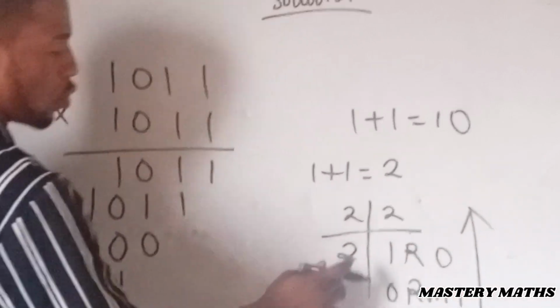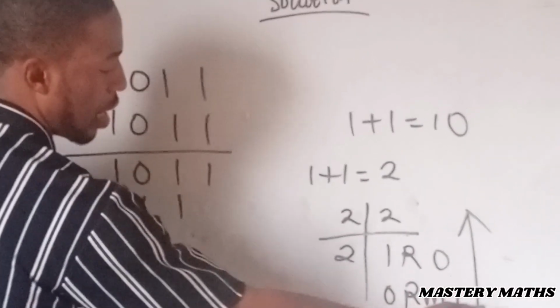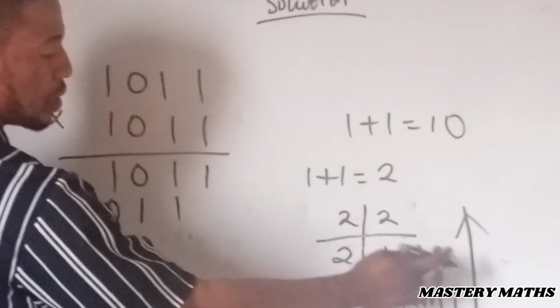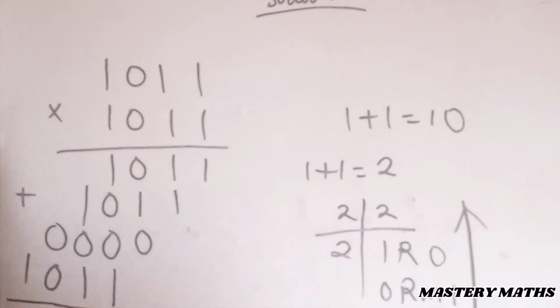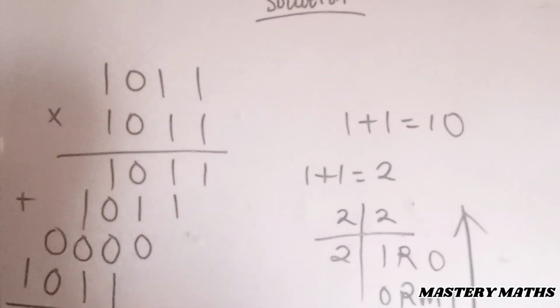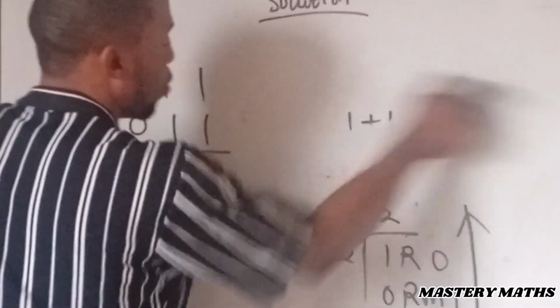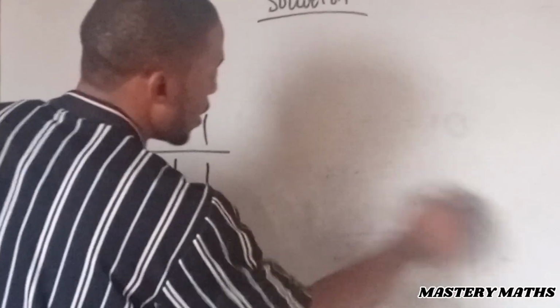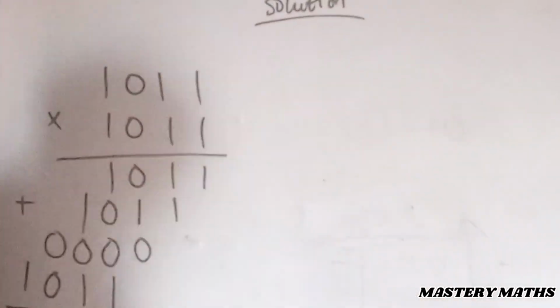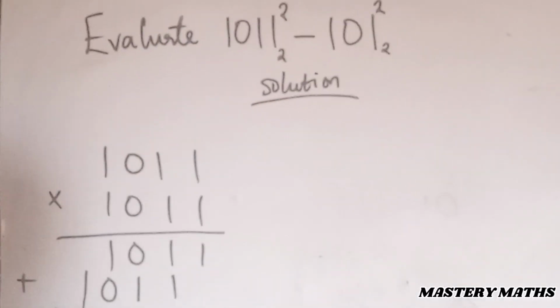You see it now? So that's how we got our 10. You take the arrow up, 1, 0. That's how we got 1 plus 1 is 10. So you won't be able to ask again how we got 1 plus 1 is 10. It is well explained on the board.